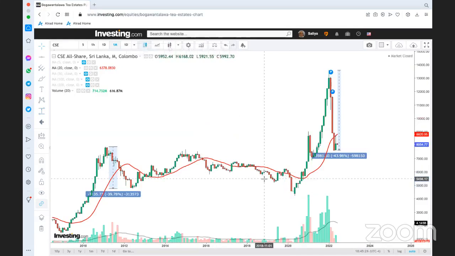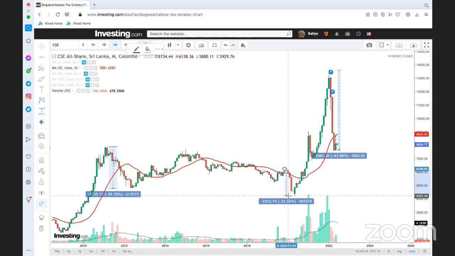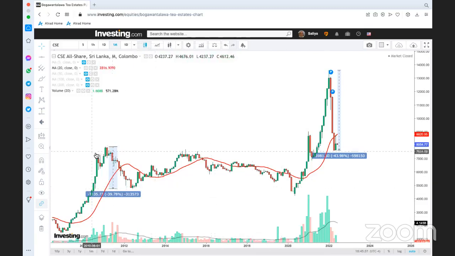So we can see that here, actually, it has taken a little over 4 months for that 20% odd fall to happen from here to here, 32%, right? But in this instance, it has fallen in a matter of a little over 3 months.